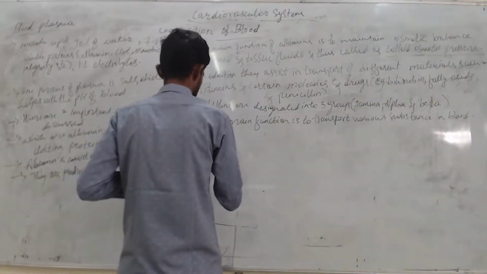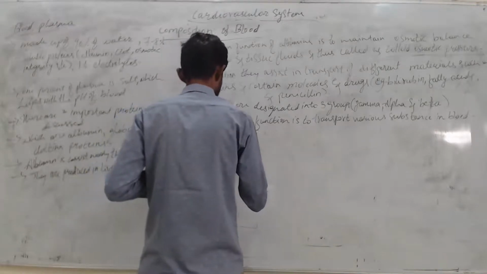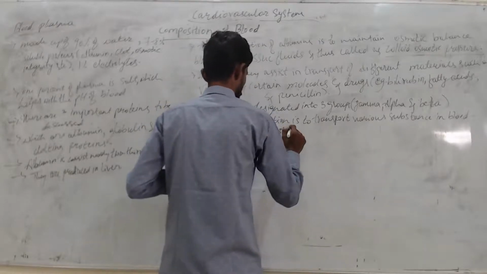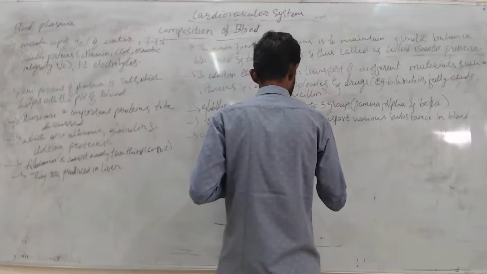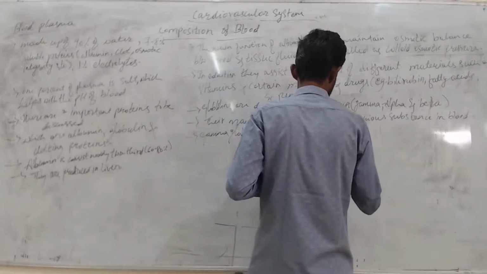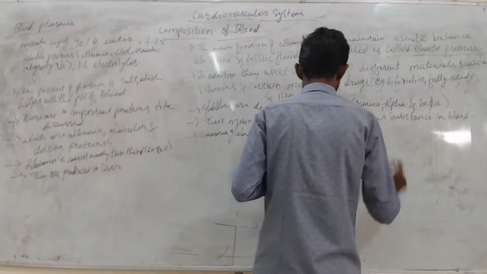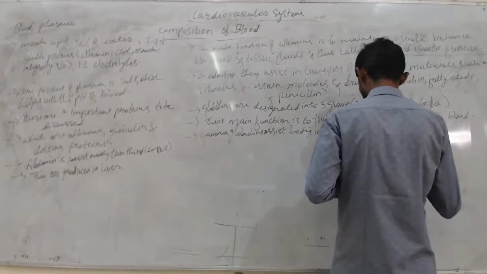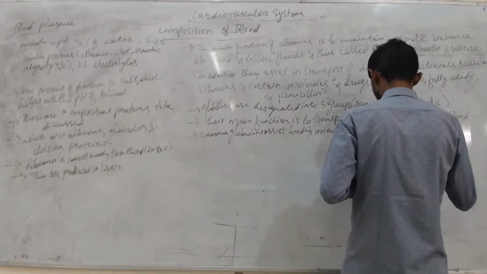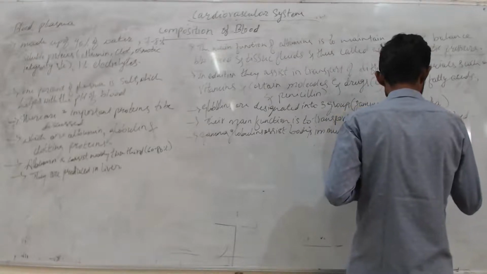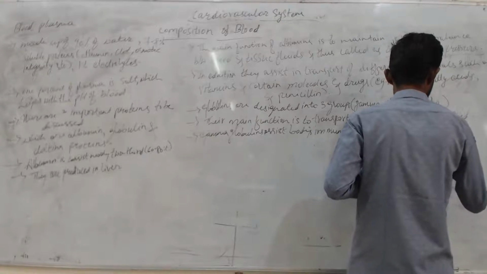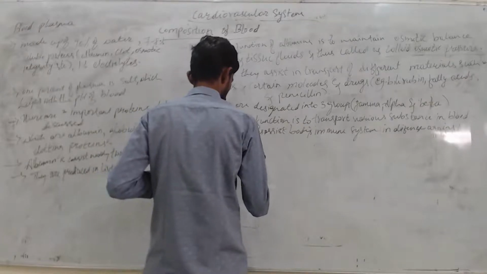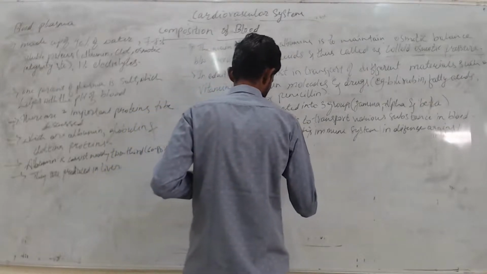Gamma globulins assist the body's immune system in defense against infections and illness.